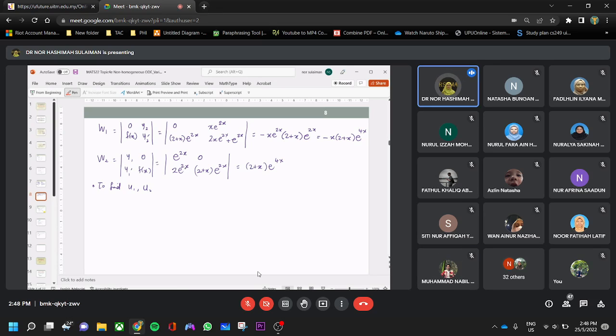Okay, but before that, you know that U1 prime happens to be what? W1 over W, isn't it? Okay, so you just replace the W1 dengan yang kita dapat tadi tu, negative x bracket 2 plus x e to the power of 4x, and you divide with the Wronskian, the general Wronskian, which happens to be e to the power of 4x, right?